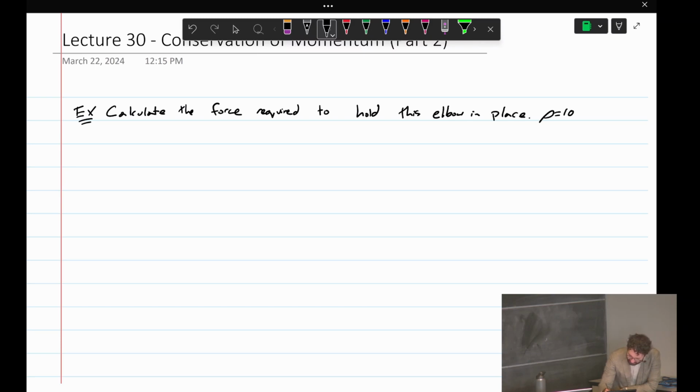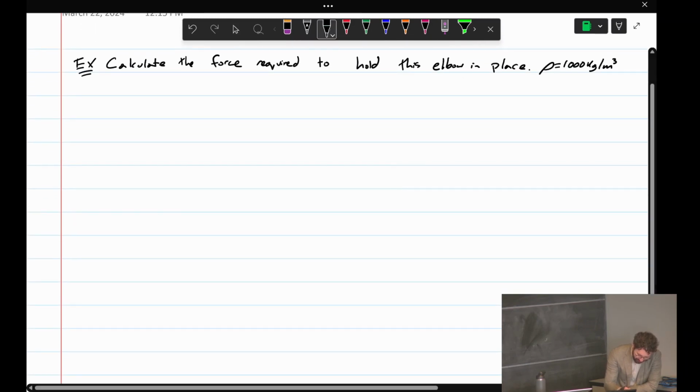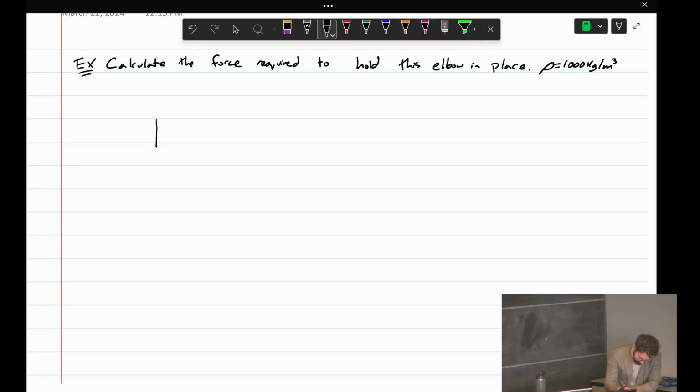So assume our fluid density is 1,000. Let's assume we have pipe flow through an elbow. The black that I'm drawing is our pipe. Assume we have flow going into the elbow at 1 meter per second, and the area is 0.1 meters squared.